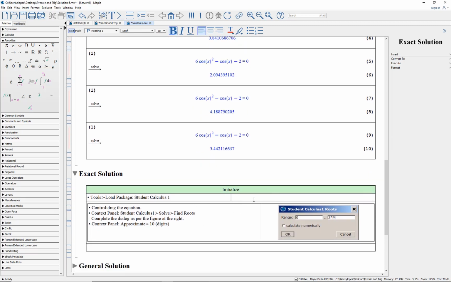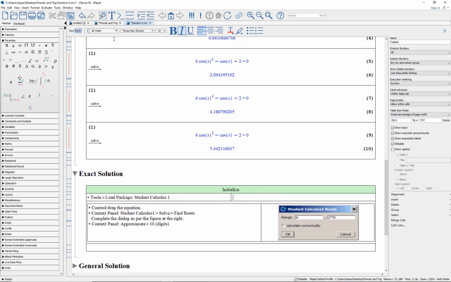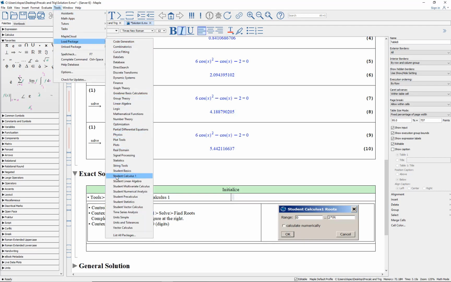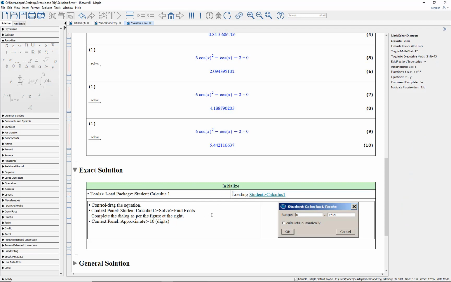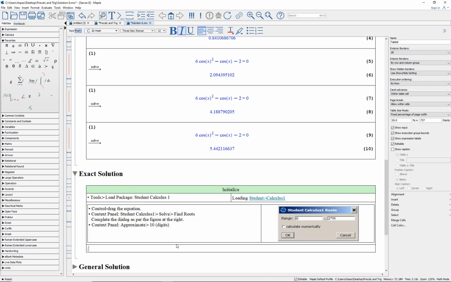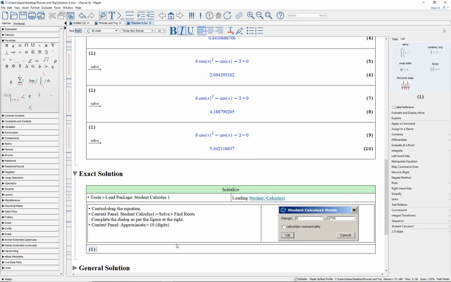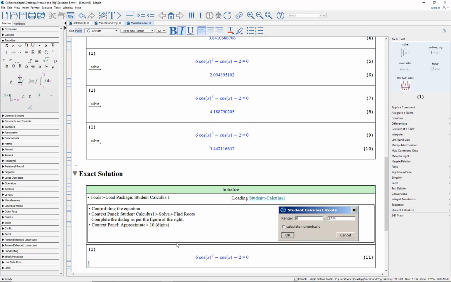And to do that, we'll make use of the Student Calculus 1 package. So Tools, Load Package, Student Calculus 1. We did this before. Now, we want to get our hands on the equation. So here's a copy, or we could simply reference Control L1 as we did before.